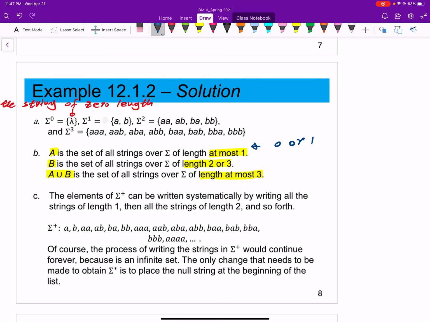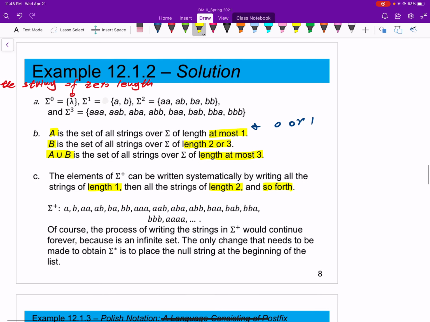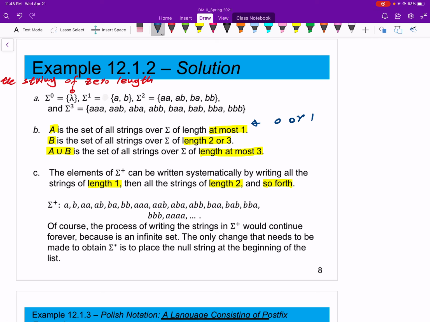The elements of sigma plus can be written systematically by writing all the strings of length 1. First you have to consider strings of length 1 and then strings of length 2 and so on, which is written right here. It doesn't stop. You have to keep on writing until you are done with everything.